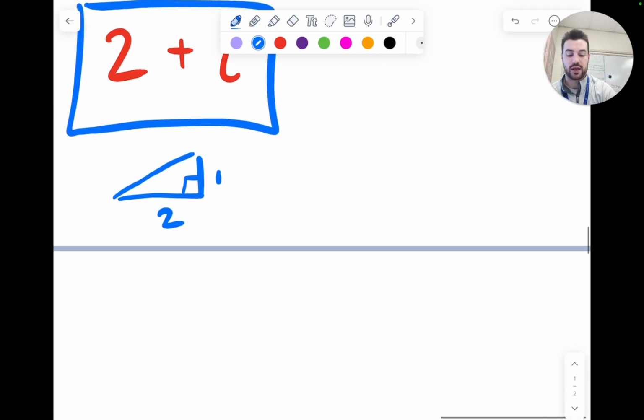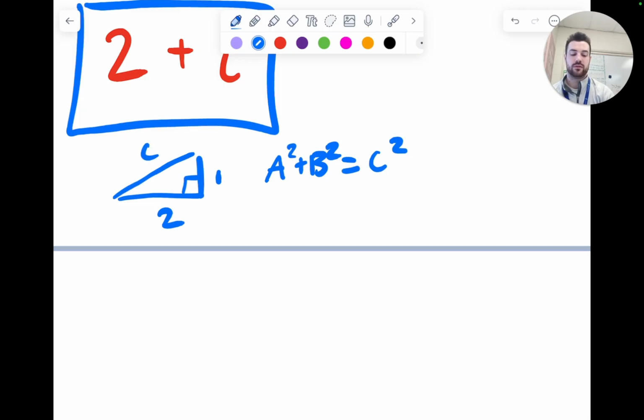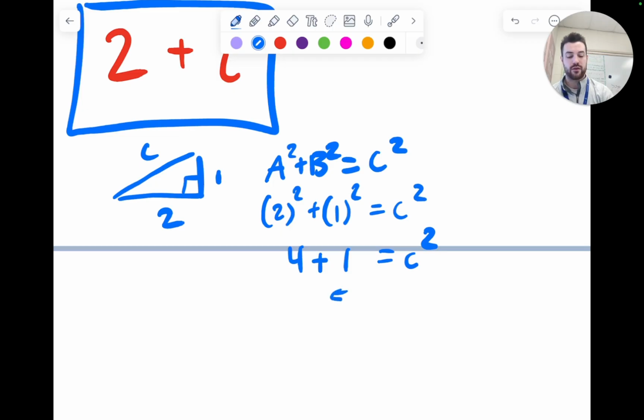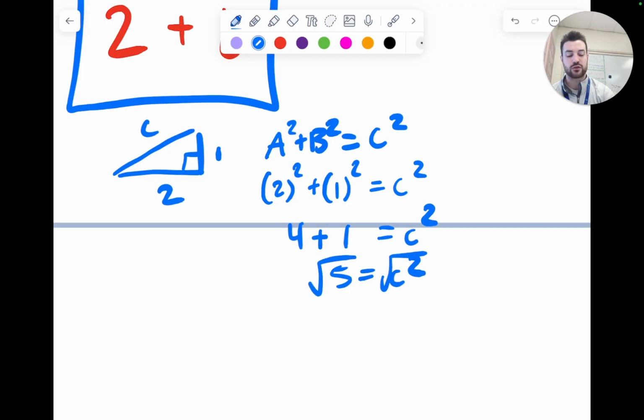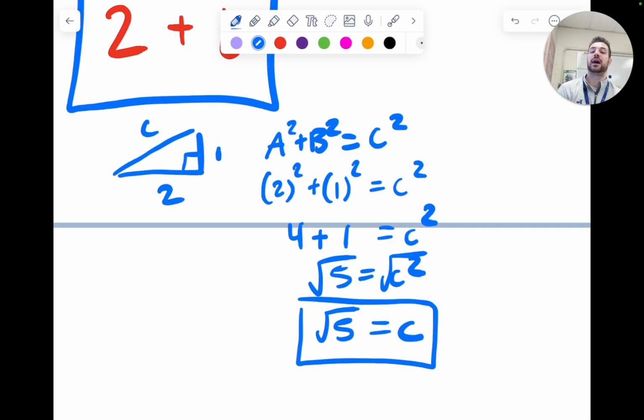So we have a squared plus b squared should equal our hypotenuse squared. We can make a our 2 squared, then b will be our 1 squared should equal c squared, 4 plus 1 equals c squared, and 5 equals c squared. In order to find that hypotenuse length, again, we're going to take the square root of both sides. So we have the square root of 5 is equal to c, and that is the length of our complex number, 2 plus i.